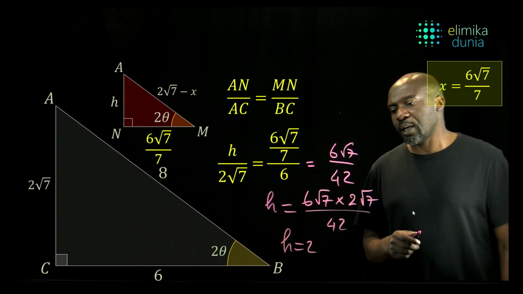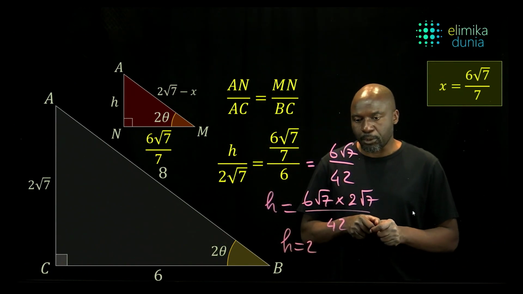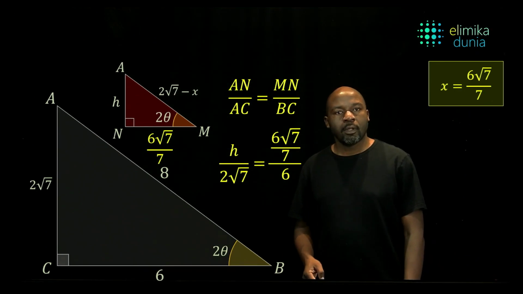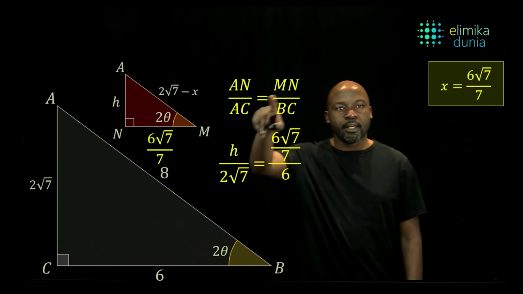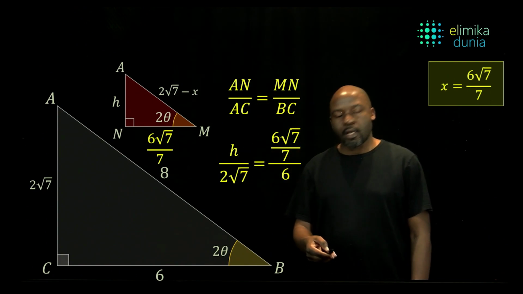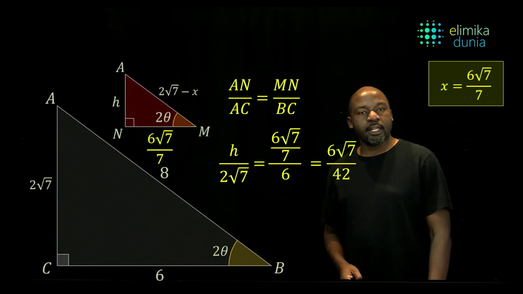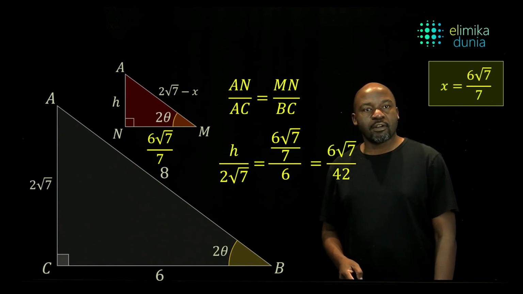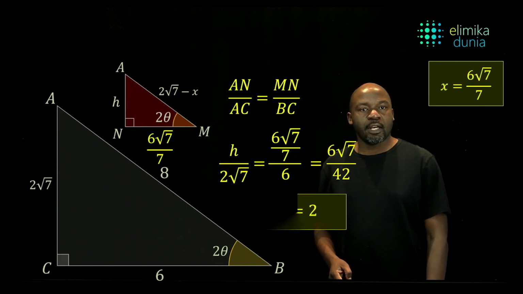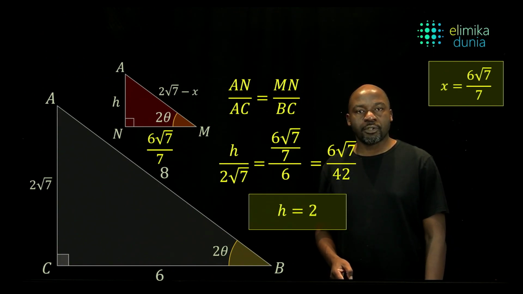So I know the value of h is equal to 2. And so simplifying this complex part, we end up with, as we said, 6 root 7 over 42. And when we simplify that, we get that h is equal to 2.